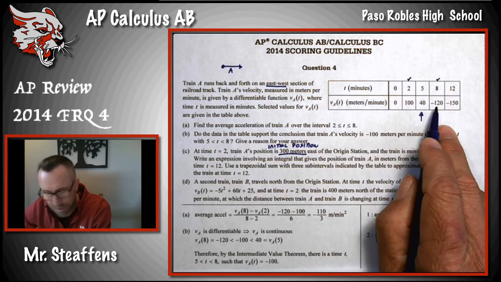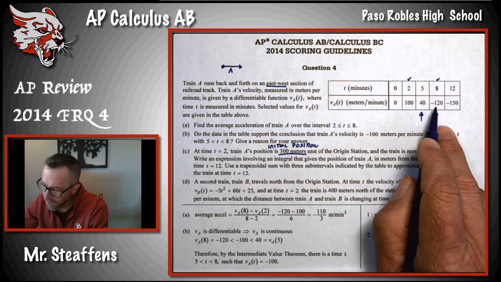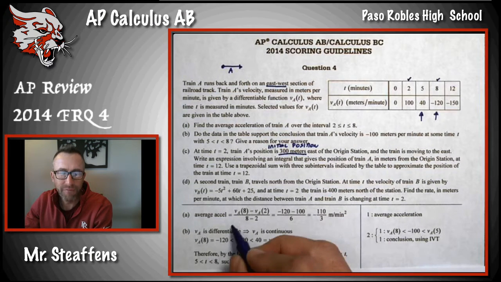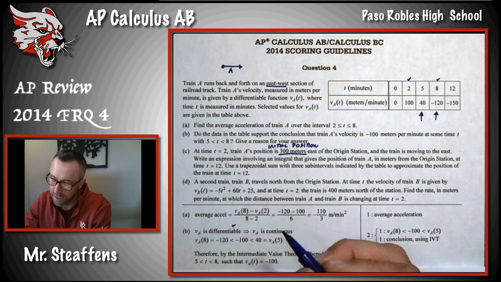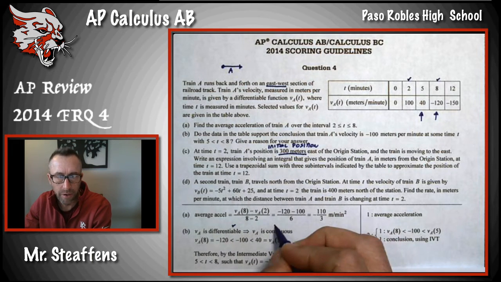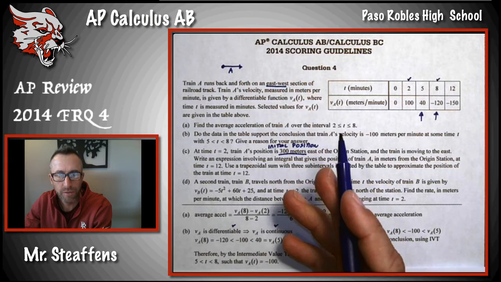So if I'm going to answer this question on an AP test, I have to cite some specific pieces of information. The first thing I have to say is 1, it's a differentiable function, says it up here. 2, it's continuous. I know, it's a train. It's continuous.